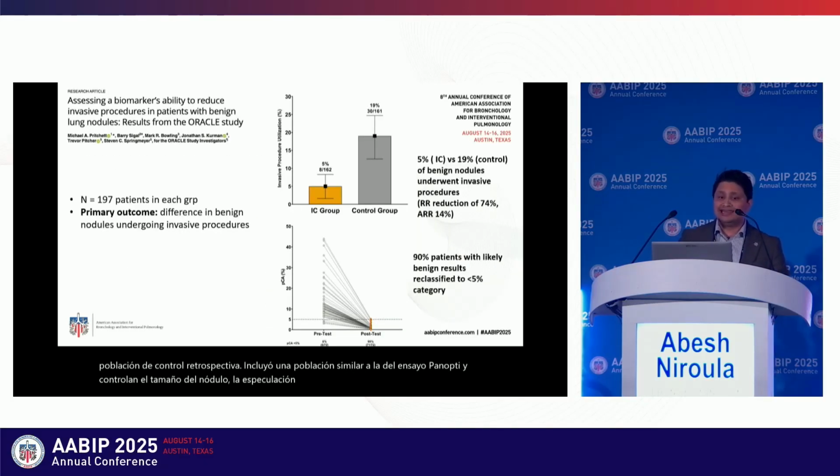They found that in 197 patients in each group, looking at the primary outcome of difference in benign nodules undergoing invasive procedures, 5% in the integrated classifier group versus 19% in the control group of benign nodules underwent invasive procedures. That was a relative risk reduction of 74%. They also reported that 90% of patients with likely benign results were reclassified to the less than 5% category.